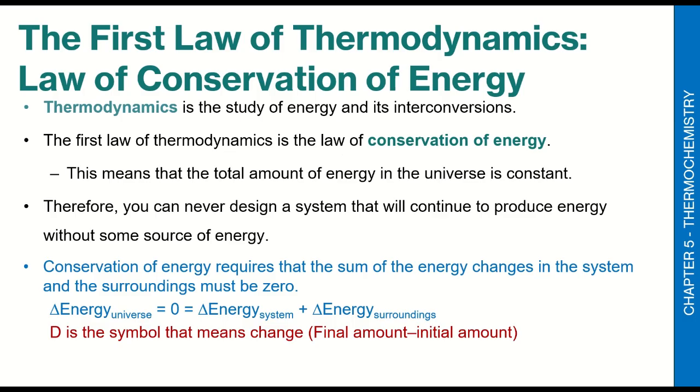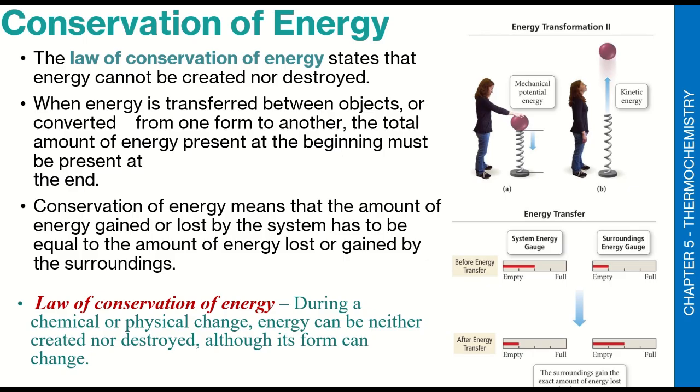Okay. Therefore, you can never design a system that will continue to produce energy without some source of energy. So despite the quantum mechanical exceptions, energy is conserved. Conservation of energy requires that the sum of the energy change in the system and the surroundings must be 0. Okay? Delta is the symbol that means change: the final amount minus the initial amount.